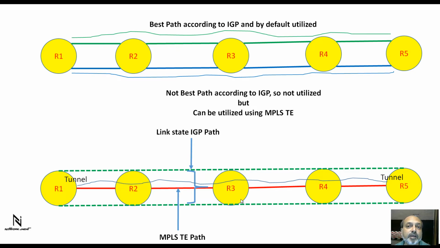And if we are leaving out certain route objects, that is, when we are defining this MPLS TE path, we specify R1, R2, and then jump to R5, leaving out R3 and R4. In that case, that ERO will be called a loose ERO. It will not be a strict ERO, it will be a loose ERO, right?